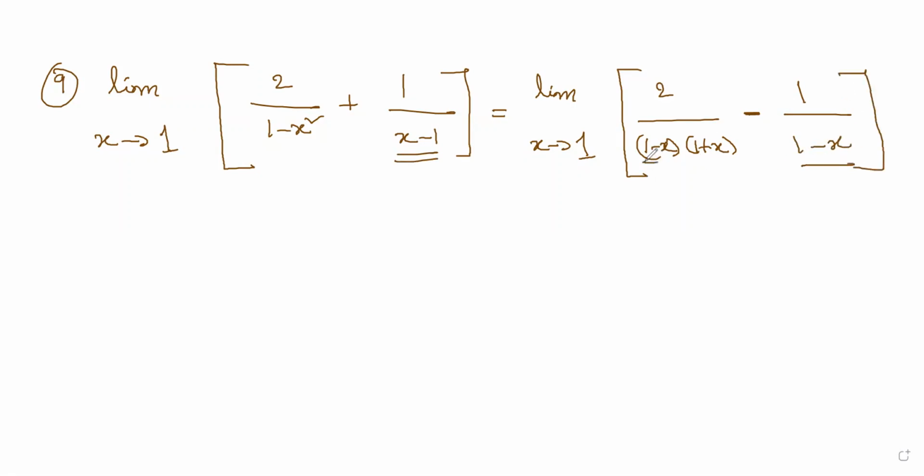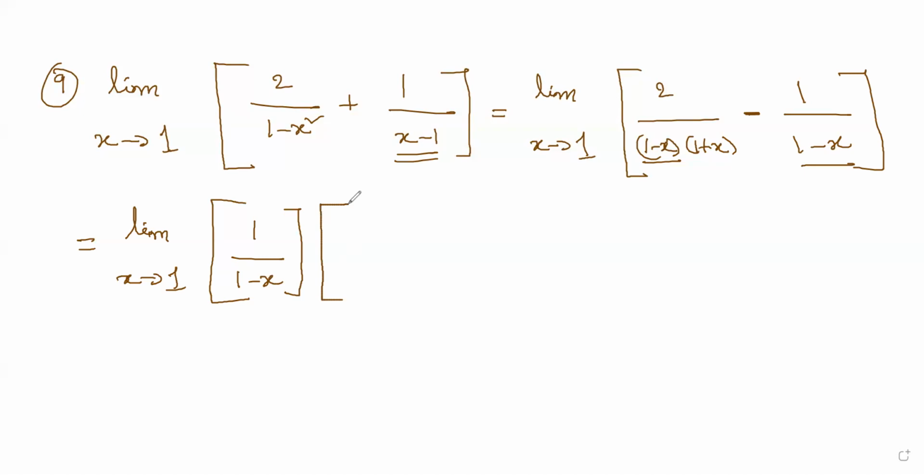Because I can take 1 minus x as common out of these two terms. So I will take limit x tends to 1, 1 by 1 minus x. This is the common factor I have taken, multiplied by the leftover thing, which is 2 by 1 plus x minus 1.